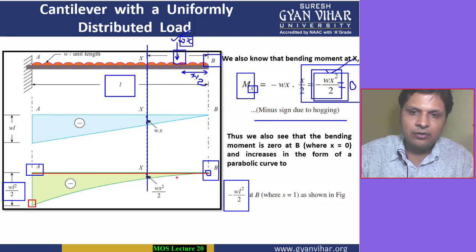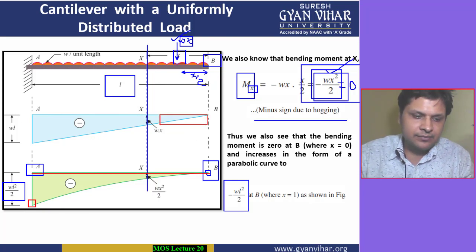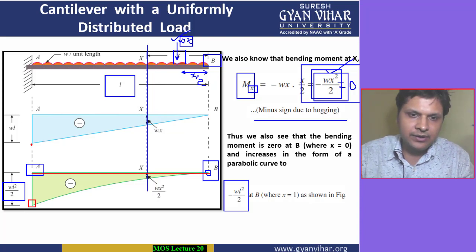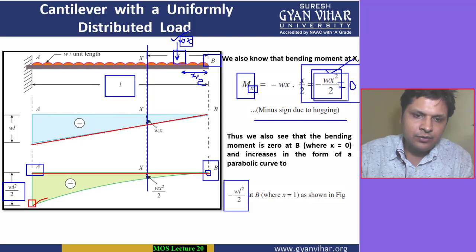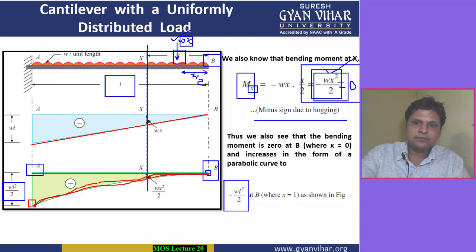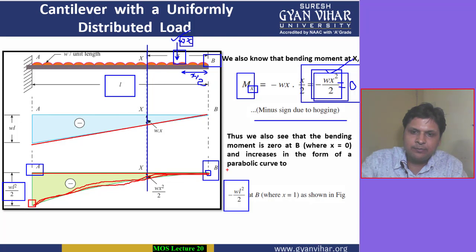Now for joining it, always keep in mind that we will go one step higher. If it is an inclined line in the shear force diagram, always you will draw a parabolic line. You will draw a curve here, a parabolic path here.